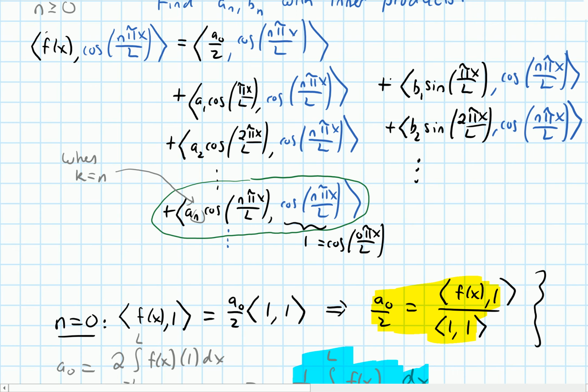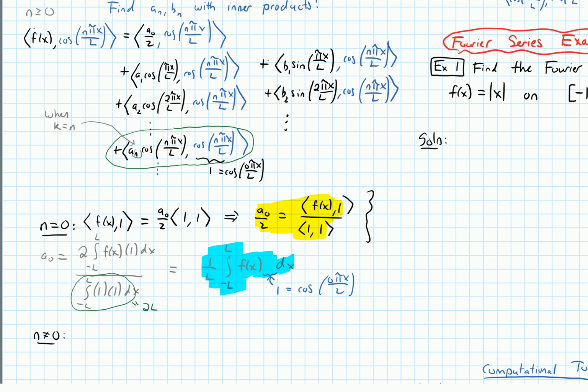Okay, so what ends up surviving here, so I've just zoomed it out a little bit so I can see this better, is, so when n is not 0, on the left-hand side, we get the inner product of f of x with cosine of n pi x over L. That's what we get on the left-hand side. On the right-hand side, what survives is, let's factor out the an. So an factored out times the inner product of cosine of n pi x over L with itself.